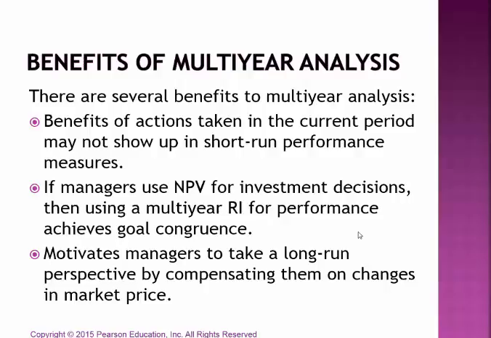They're thinking only about themselves. Again, it's that goal congruence, the what's in it for me. But if we use the multi-year, it's going to show over the long haul what their performance looks like. So it is a benefit to use that.